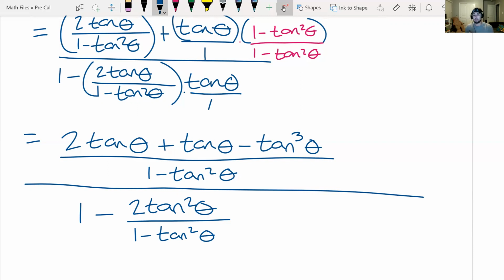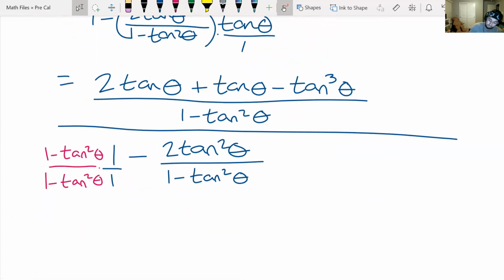All right, so the next step is to clean up the denominator, which means I need to put this 1 over 1 and get a common denominator of 1 minus tangent squared theta over 1 minus tangent squared theta. That's what we're doing here.